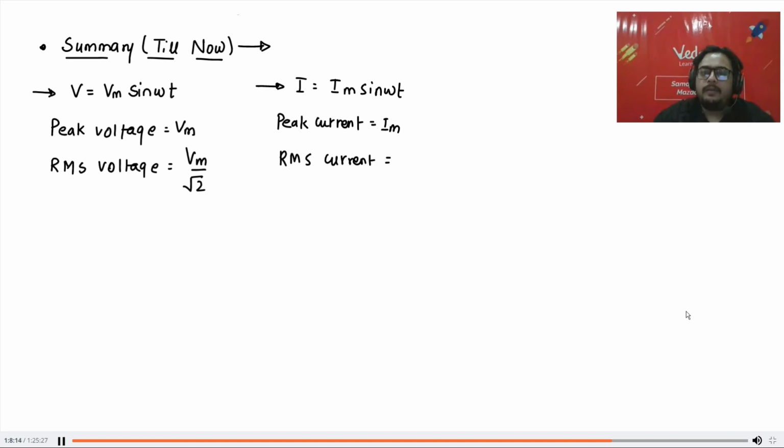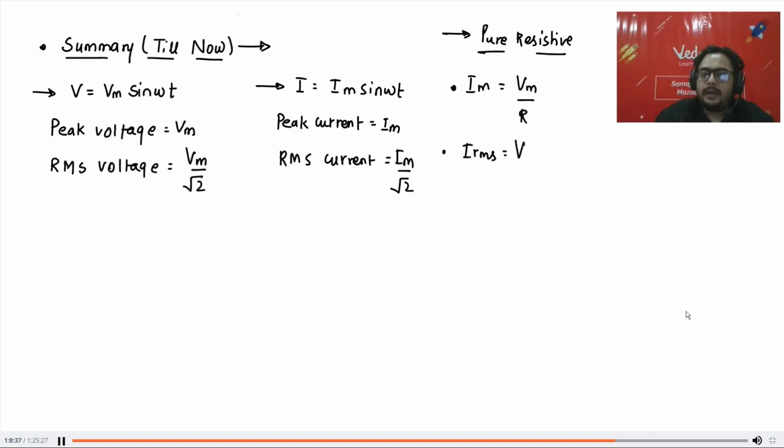For pure resistive circuit, if there is only resistance in a circuit, what you have to remember: Im is Vm by R and IRMS is Vrms by R. And third thing, current and voltage are in same phase.